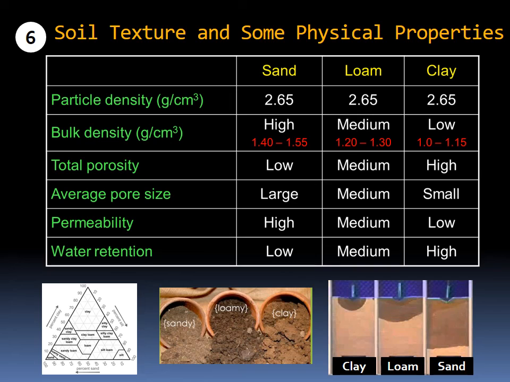Remember that clay has more micro porosity, which means in the micro porosity the water is held tightly and the plant cannot use it. So loam soil would be the best soil for agriculture in terms of holding nutrients, in terms of easy movement of water, aeration and roots, and many other factors.